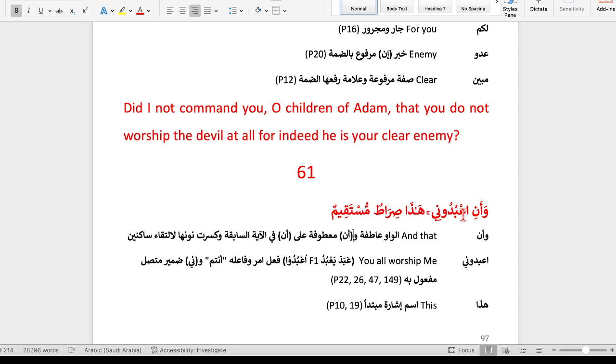And ubuduni also has a sukoon. When two sukoons are side by side, you can't connect them, you can't connect an with this. That is why this kasra is used to connect an with the next word. So it's anibuduni.